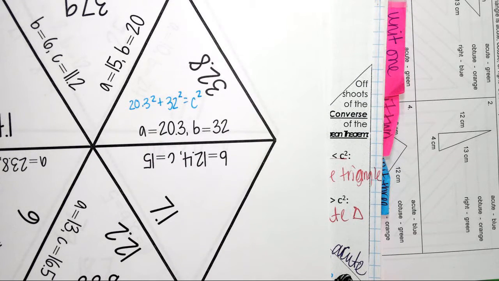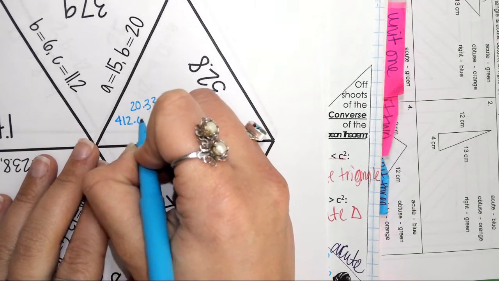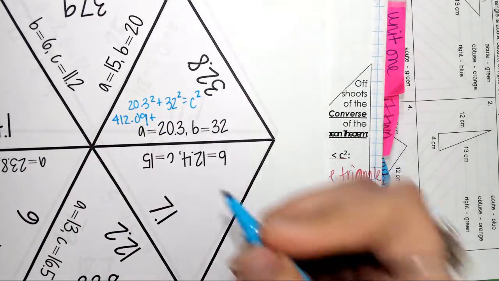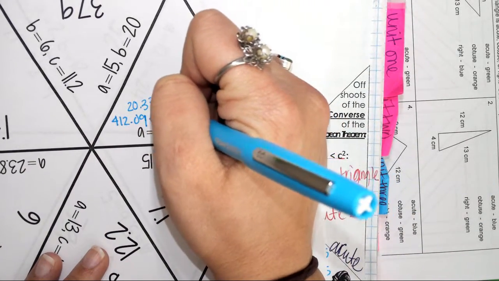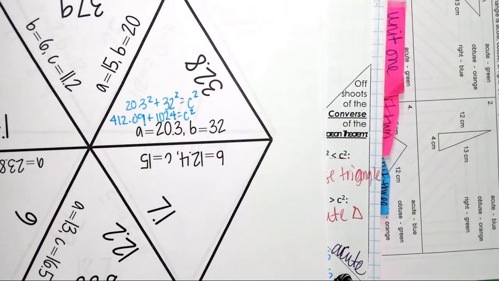All right, what's 20.3 squared? 412.09. And what's 32 squared? 1,024. All right, what are we going to do with those two numbers? Add them.